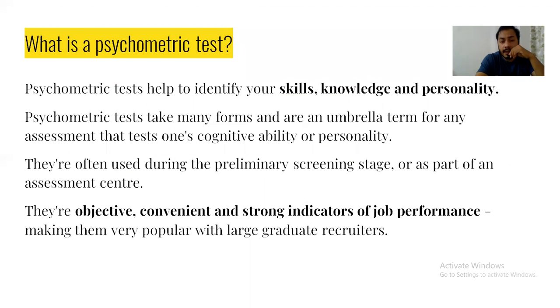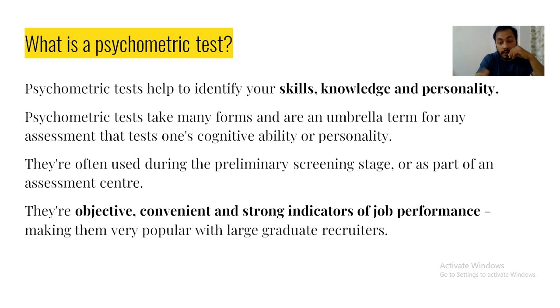Psychometric tests take many forms and are an umbrella term for any assessment that tests one's cognitive ability or personality. They are often used during the preliminary screening stage or as part of an assessment center. Most importantly, they are objective, convenient, and strong indicators of job performance.